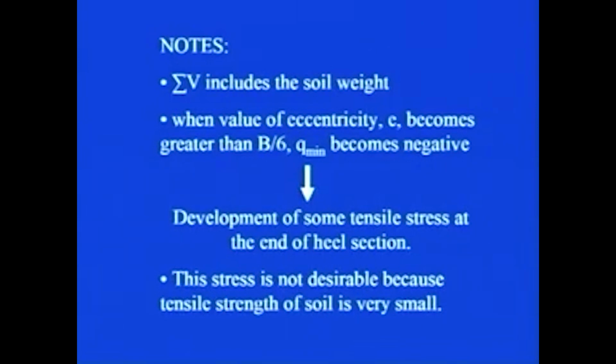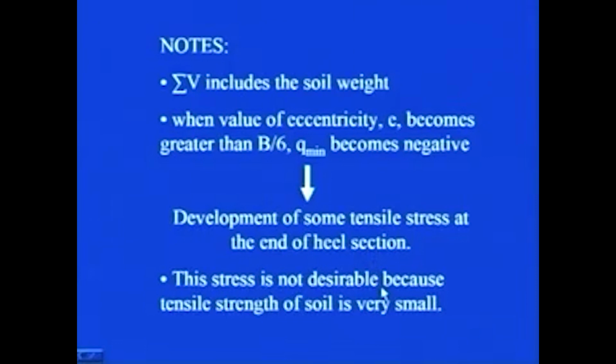When this value of eccentricity becomes more than B by 6, your Q minimum becomes negative, and as soon as Q becomes negative, it indicates the development of tensile stress at the end of the heel section. Q minimum is occurring at the heel. If this Q minimum is negative, that gives the development of tensile stress.